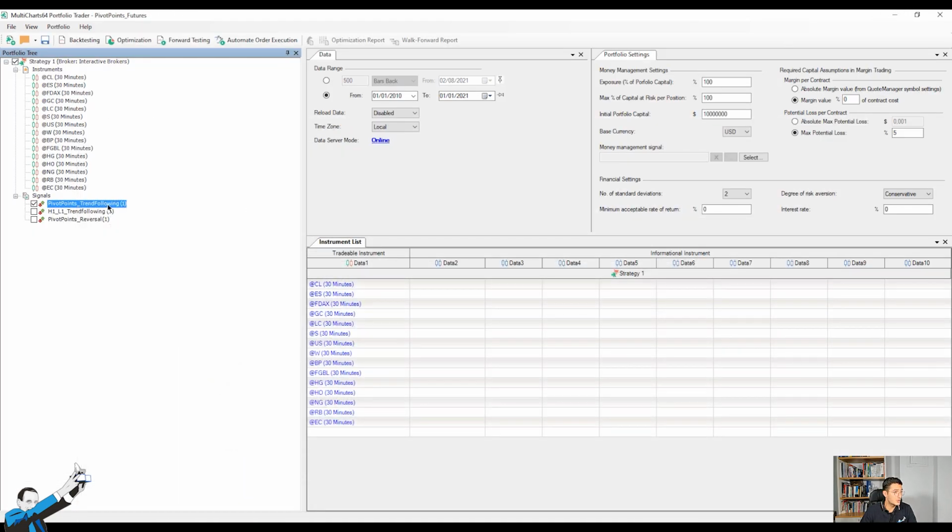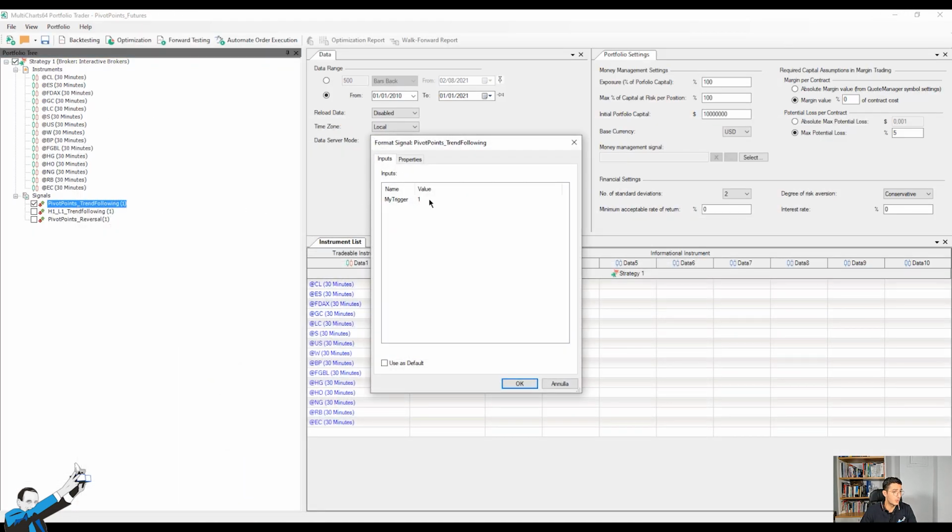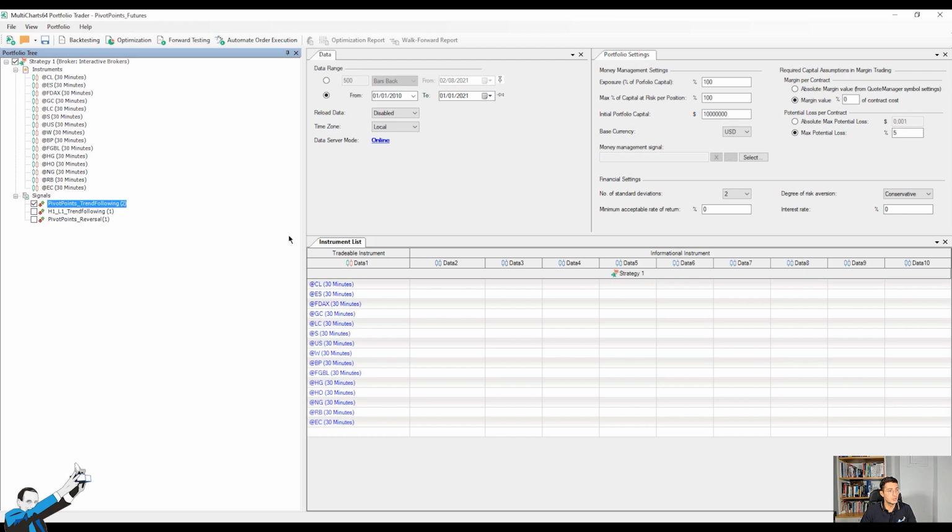So what we have to do is double click on the signal and change my trigger from 1 to 2 to test these particular levels and this entry condition. Let's backtest the strategy now.